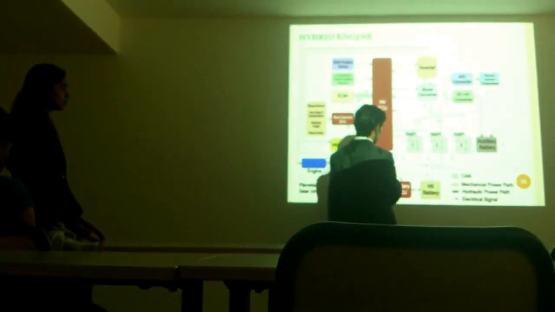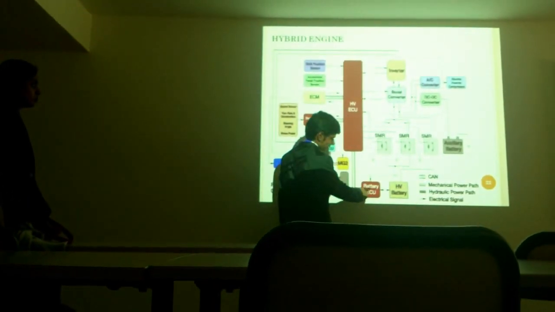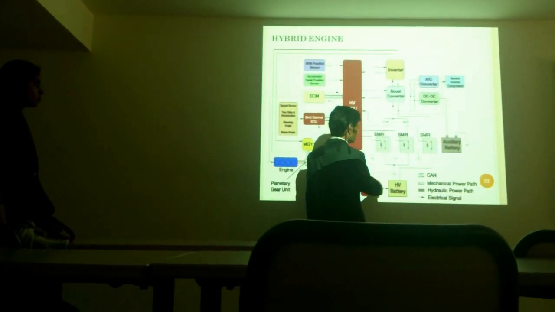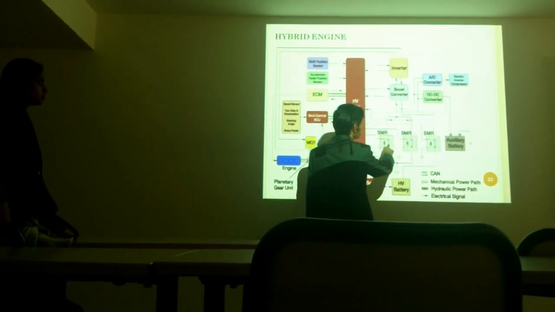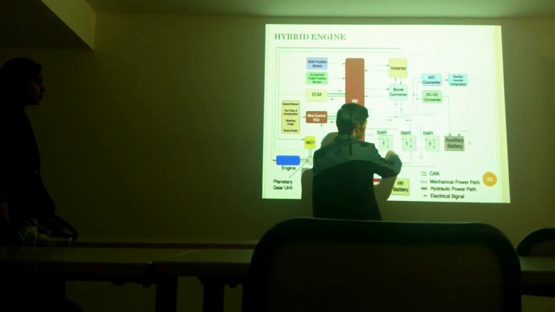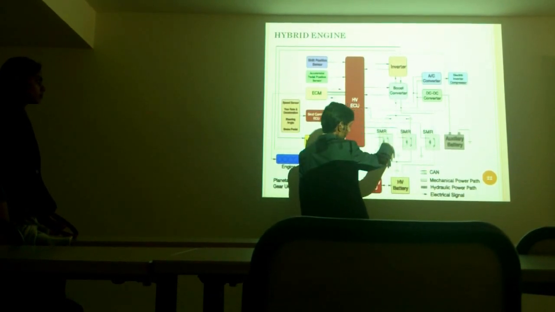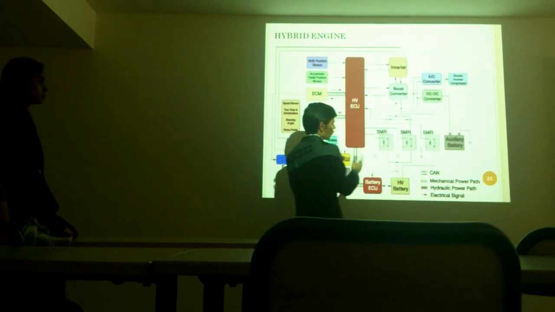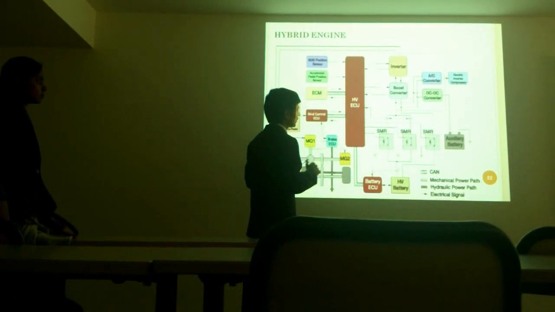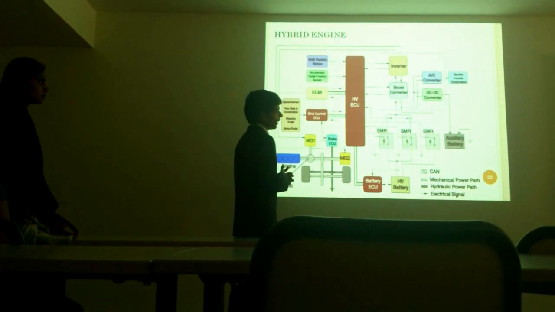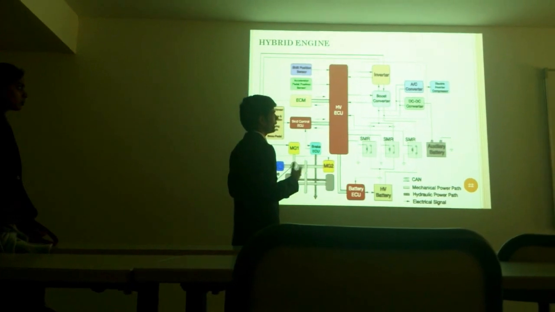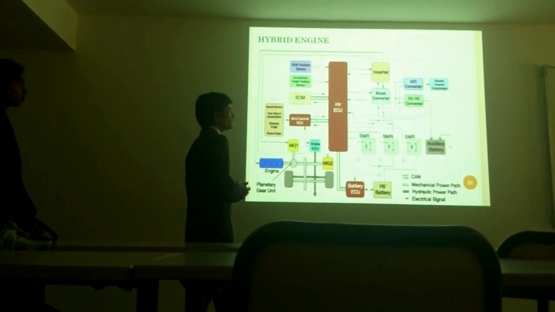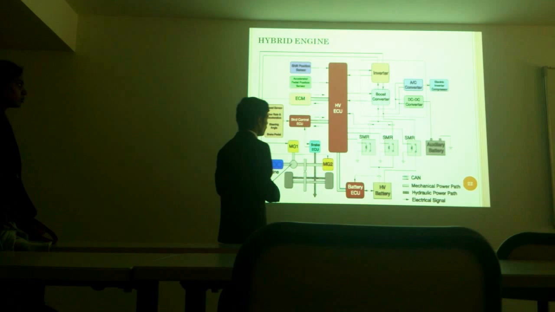Using the CAN bus protocol, it gives the signal to the battery ECU that the battery is turned on, and it is given to the SMR, the system main relay switch, which acts like an on-off switch inside the engine control system. One more auxiliary battery is provided to drive the converters, like the AC converter, DC to DC converter, boost converter and inverter.